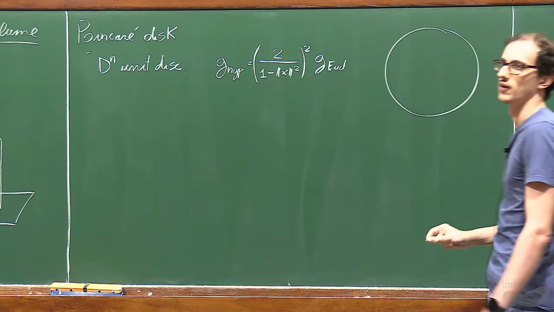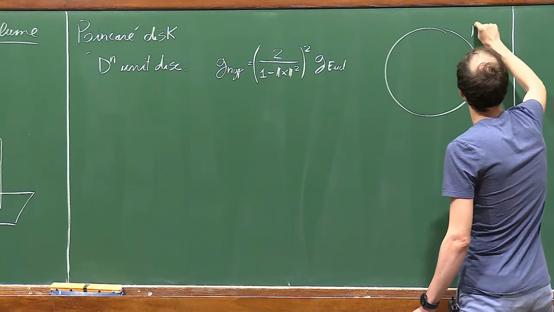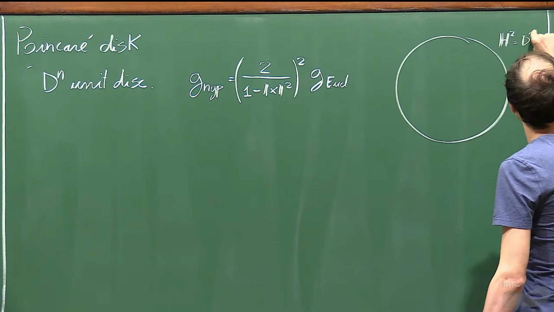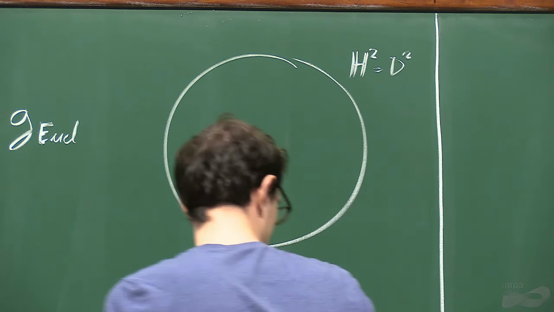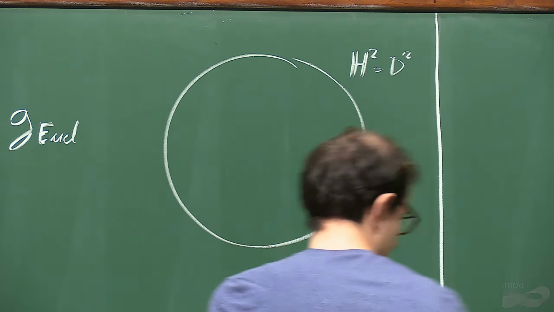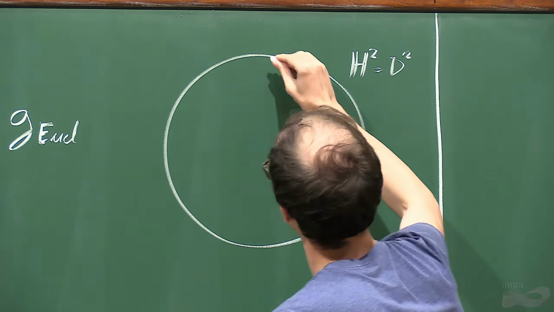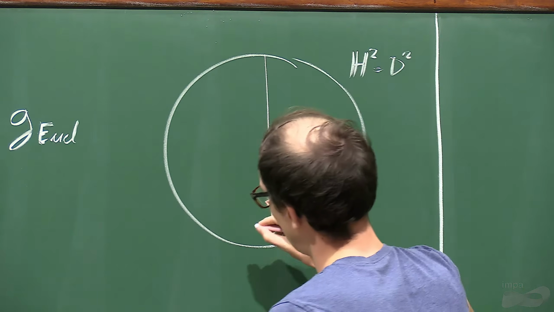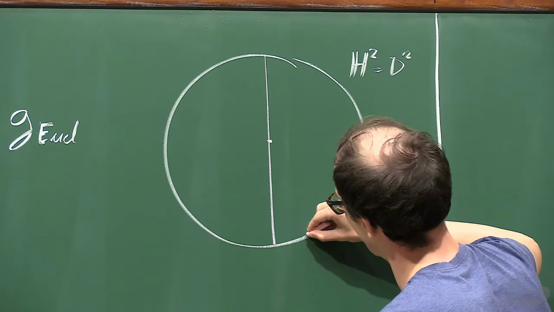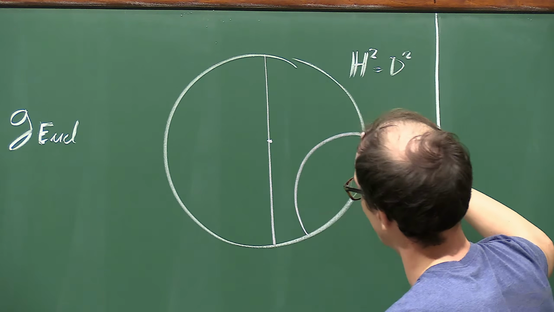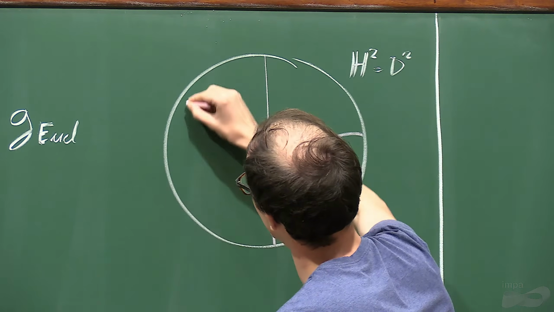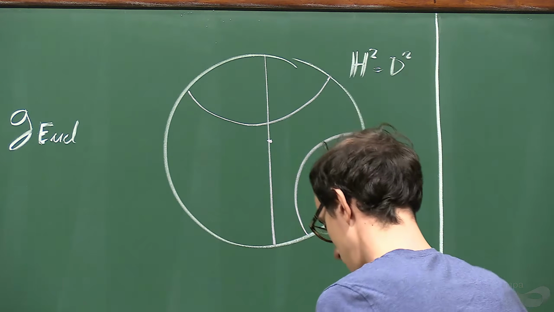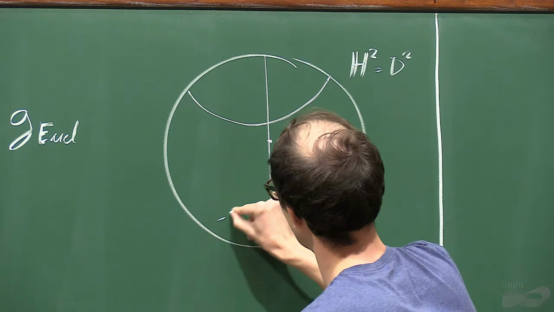If you take H2 as D2, here the lines are going to be lines that go to the center, so diameters, and arcs of circumference that are orthogonal to the boundary again. So this is a line, this is also a line, but this is not a line.